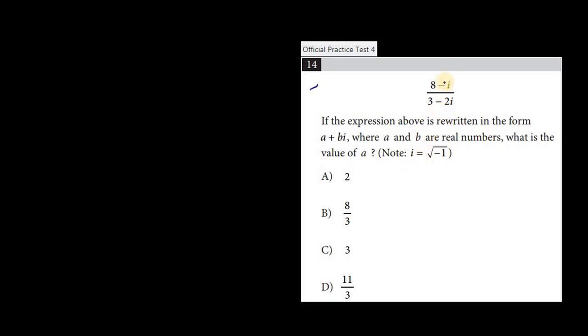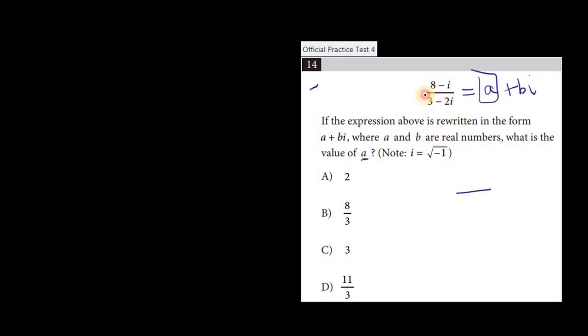So essentially what the question is saying is we need to divide these two complex numbers, and when we divide them we get another complex number in the form a plus bi, and what they're interested in is the value of a, or the real part of this complex number. So just as we did with the previous example, we're first going to figure out the denominator.